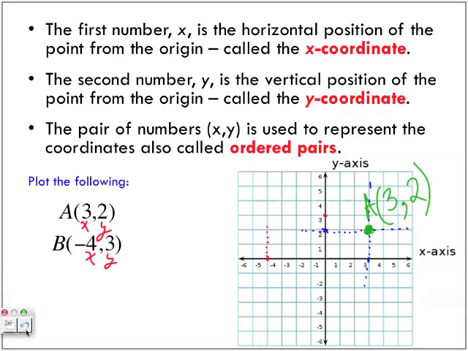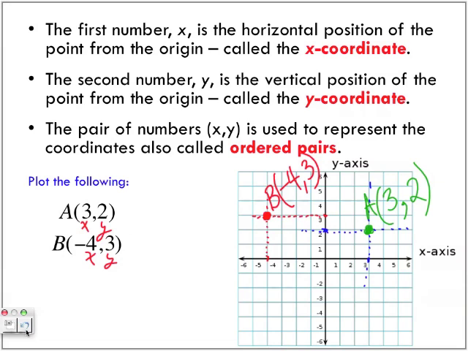So let's find out where they meet. And they meet at that point right there, and that is our point B. So we label it with the letter if we're given a letter, and we also label it with the actual coordinate itself. So B is at (-4, 3).